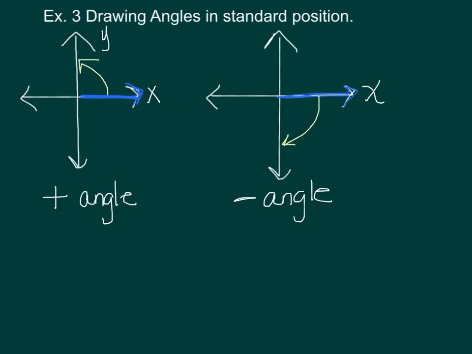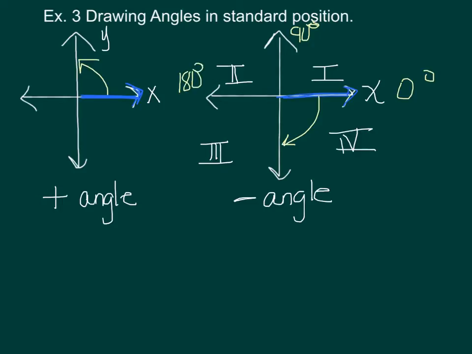I'll just go over what we call quadrant angles, because remember our quadrants are 1, 2, 3, 4. The angles are 0 degrees, 90, because they're all right angles, 180, and 270.